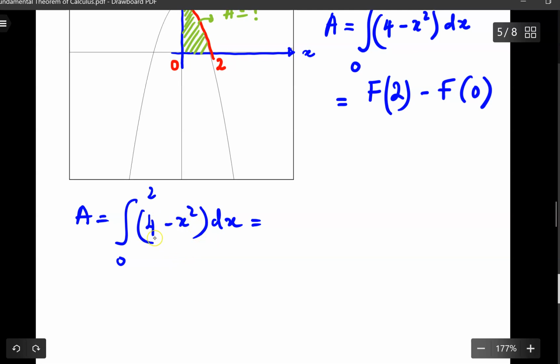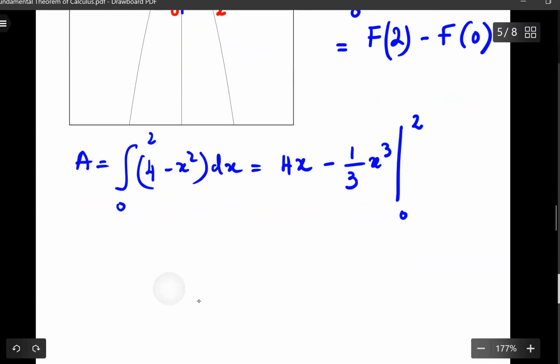I will just integrate straight from this integrand. I'm not going to break this into two individual integrals. So I will just say that the integral of 4 is 4x. The integral of negative x squared is minus 1/3 x cubed. Then I need to write from 0 to 2.